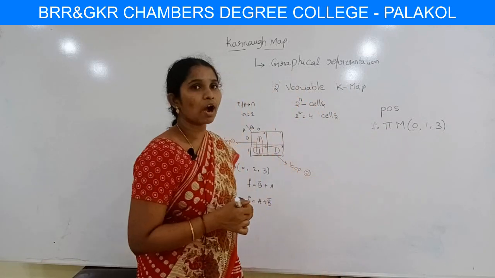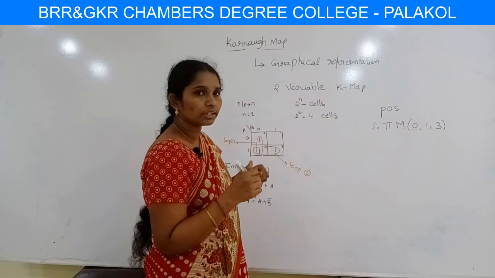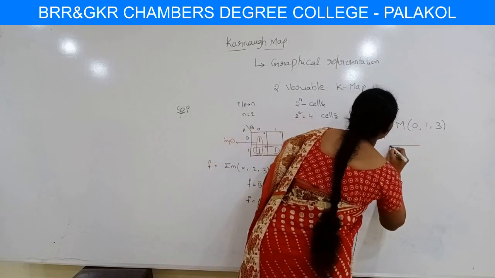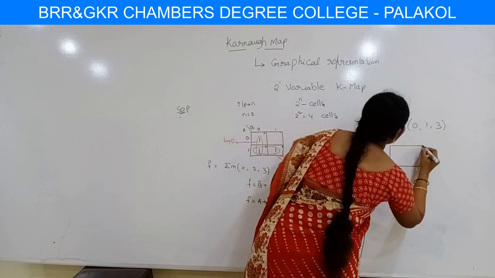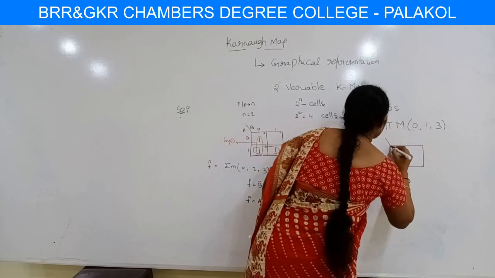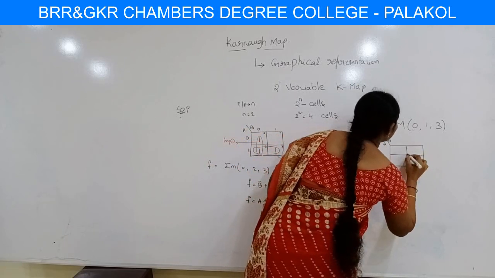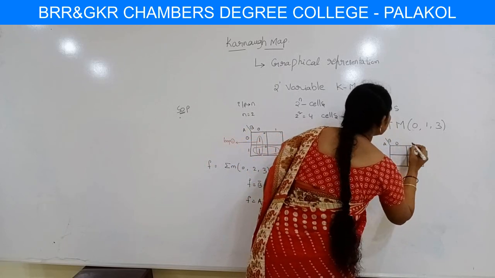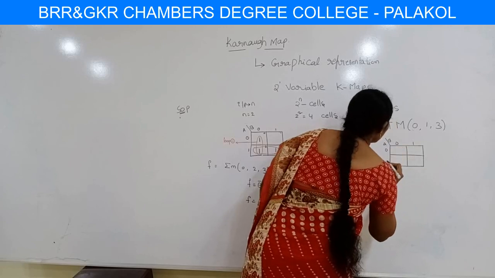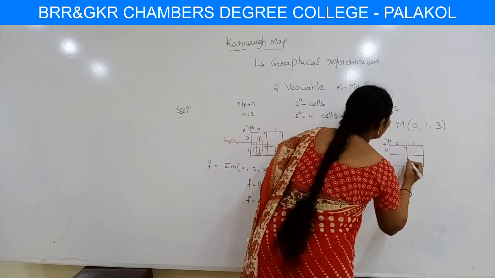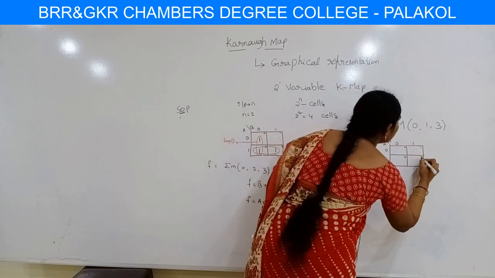First of all you have to draw the K map for two variables. Here this is A and this is B. This is 0 and 1, and this is 0 and 1. Here this is 0, 1, 2 and 3.